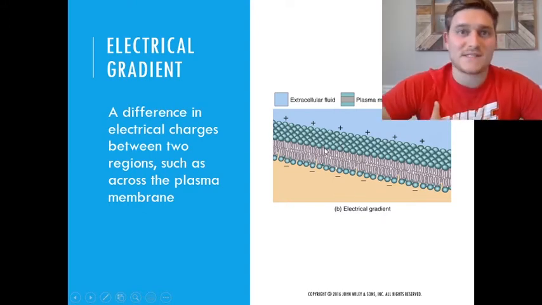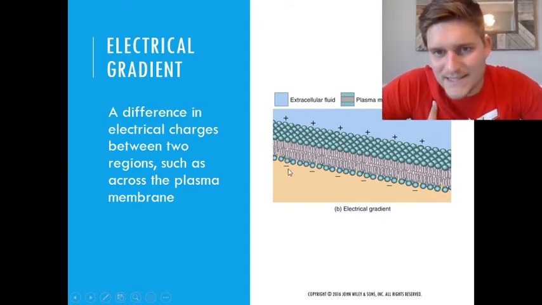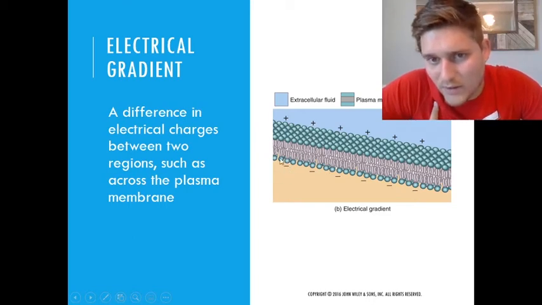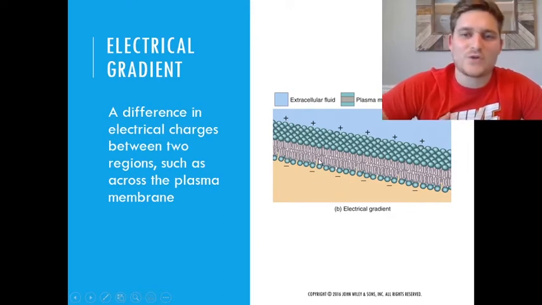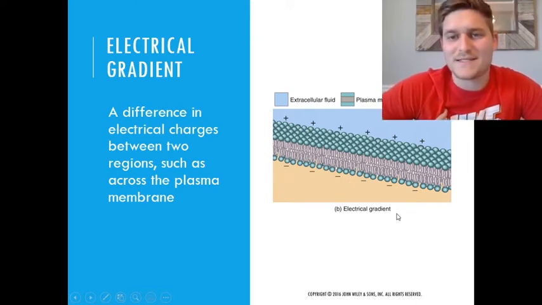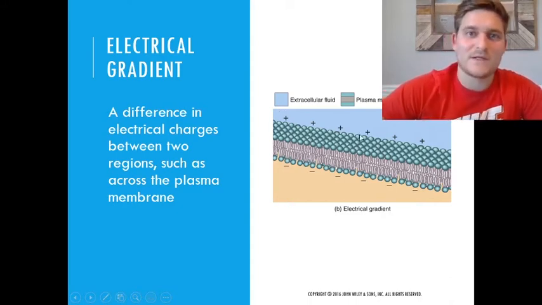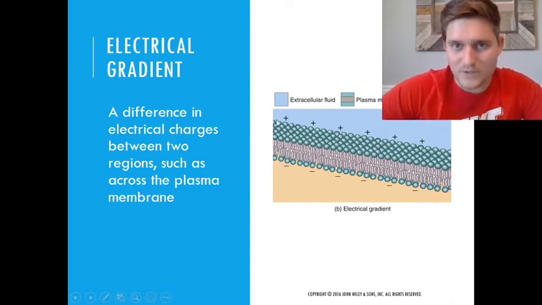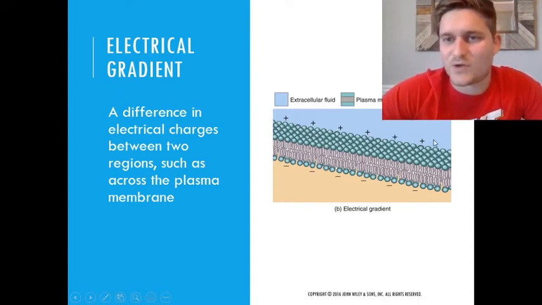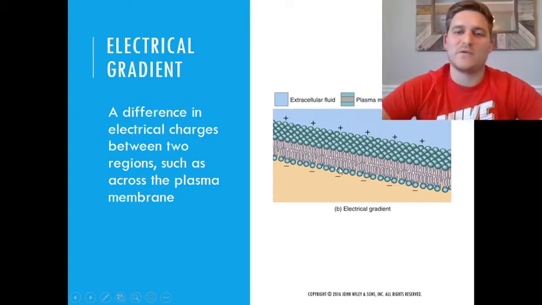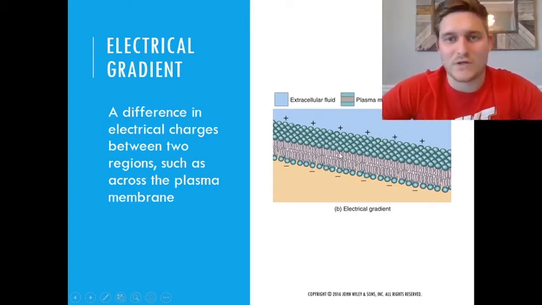Within our cells, the inside border of the plasma membrane is lined with negative charges, so the charge on the inside of the cell is negative, while on the extracellular side, the border of the plasma membrane has positive charges that mirror the negative charges on the inside.